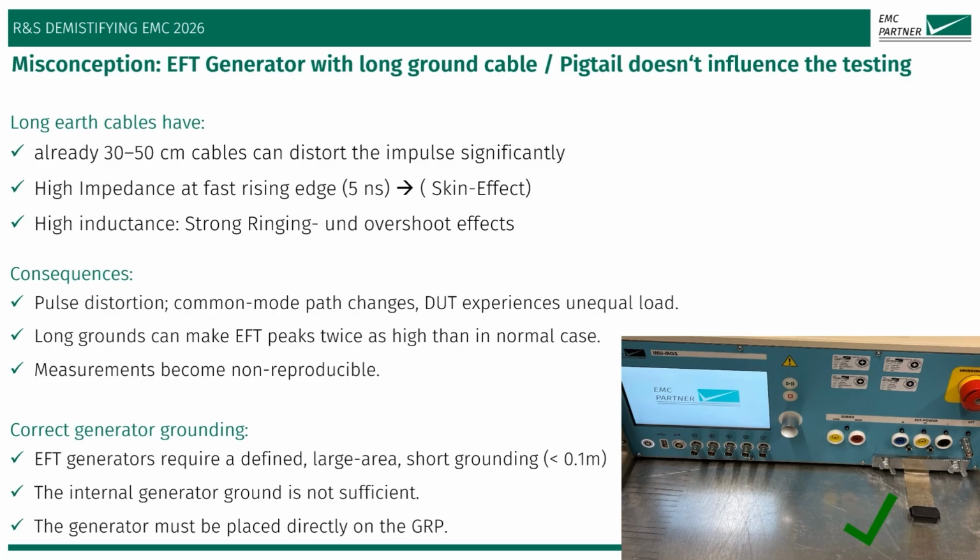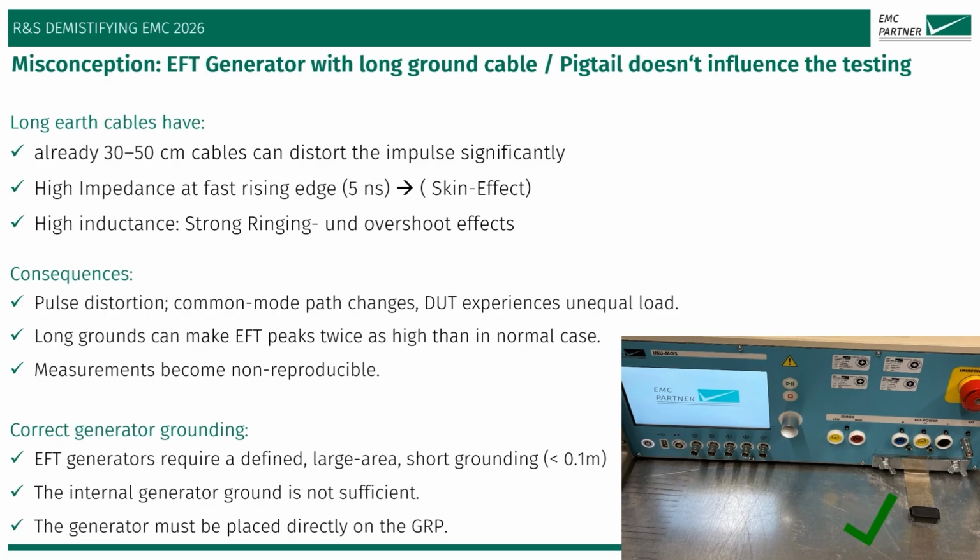The reason is that burst pulses have a very fast rise time, 5 nanoseconds as you know, and high frequency content, which requires a short, low inductance return path. The ground reference plane provides this defined return path.